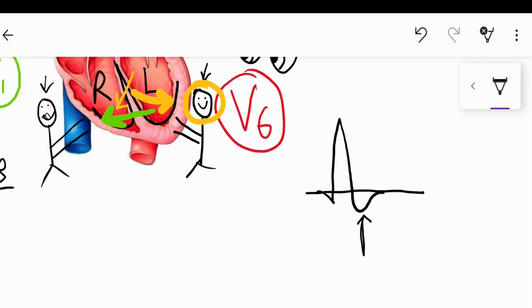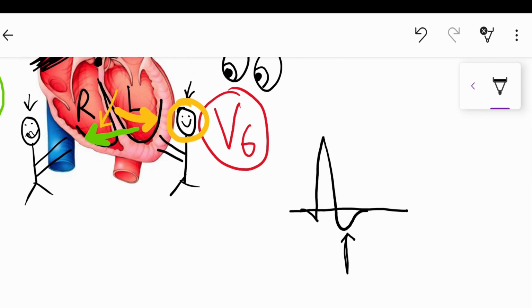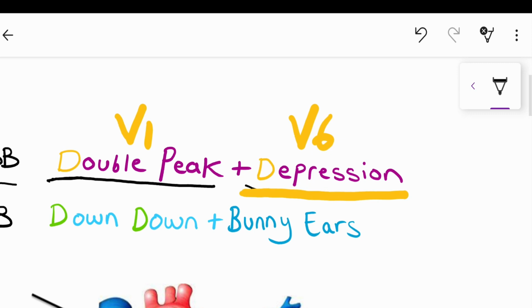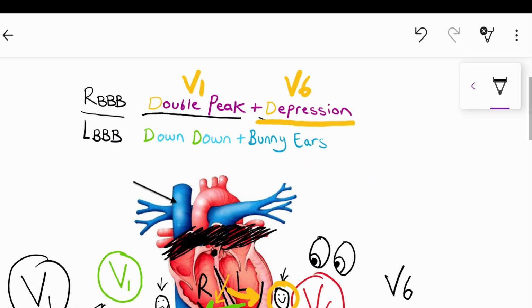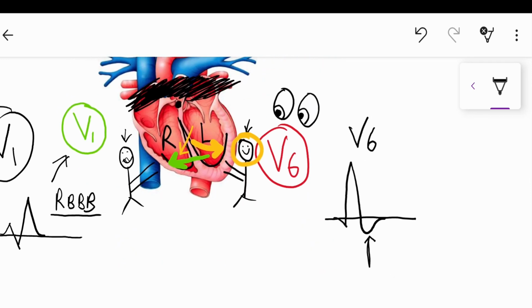This is your identifying factor for right bundle branch block in the perspective of V6. Go back to our little wording here. Depression. Double peak and depression. V1, V6: V1 double peak, V6 depression for right bundle branch block.